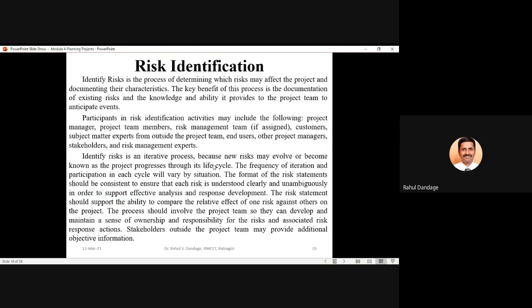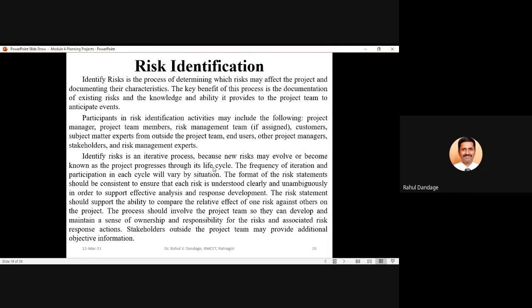The second step is risk identification. When we talk about identification of risk, it is the process of determining which risks may affect the project, and we should document their characteristics. Identification of risk is nothing but listing down the various possible risks.